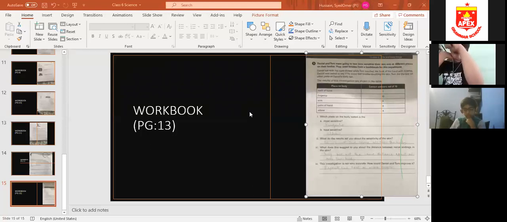And the correct answers are: back of hand 7, fingertip 10, arm 6, palm of hand 8, elbow 4. So which is the most sensitive area? Fingertip. So now, looking at this table, we need to answer these questions given below.